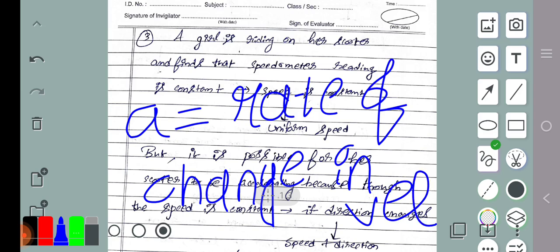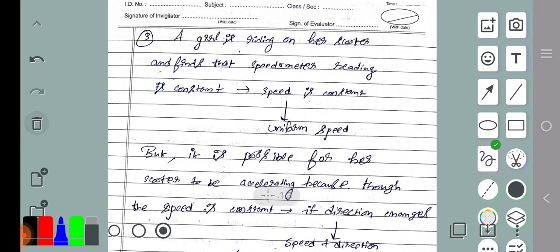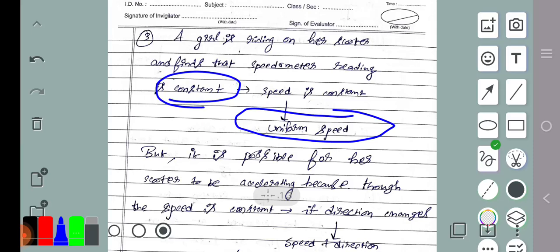Now you will say, sir, the girl saw on the speedometer that the speed is constant, that the speed is not changing. That means it is uniform speed. But I told you acceleration is the rate of change of velocity.